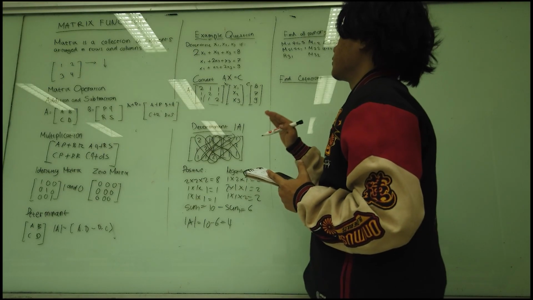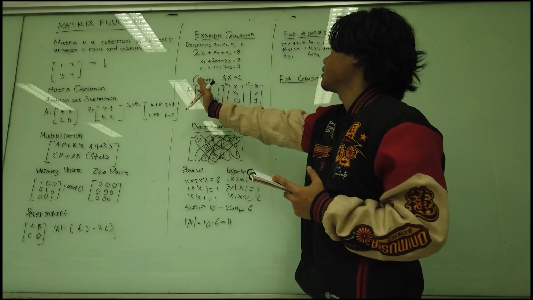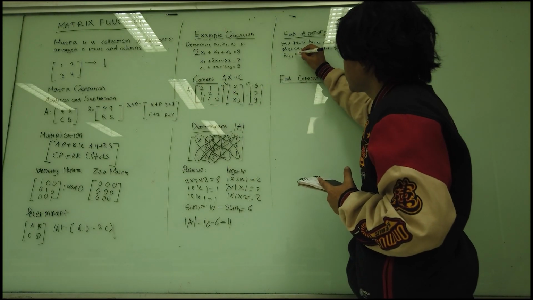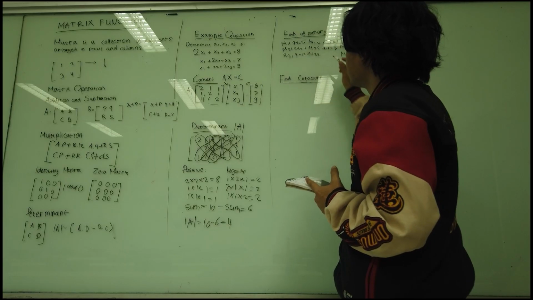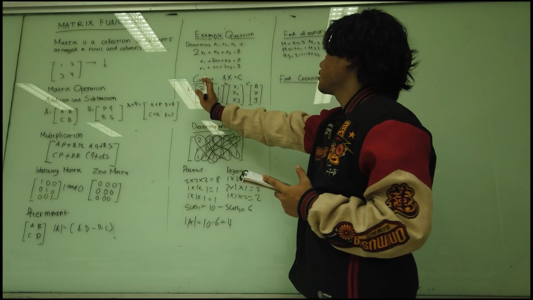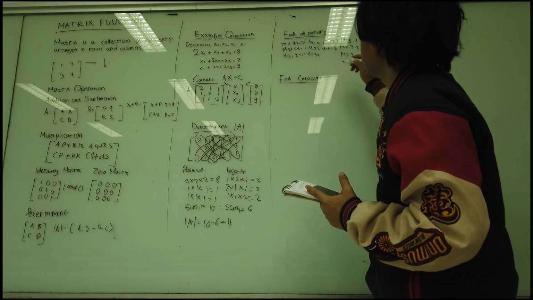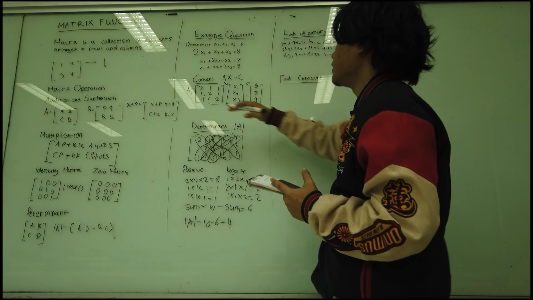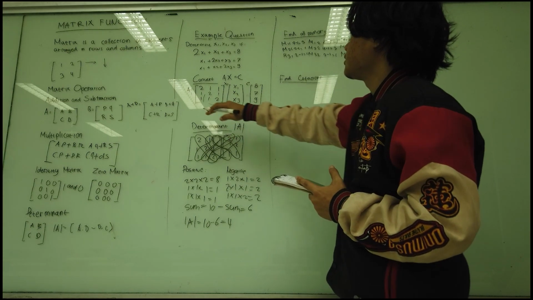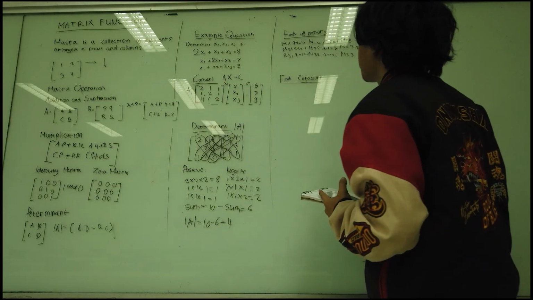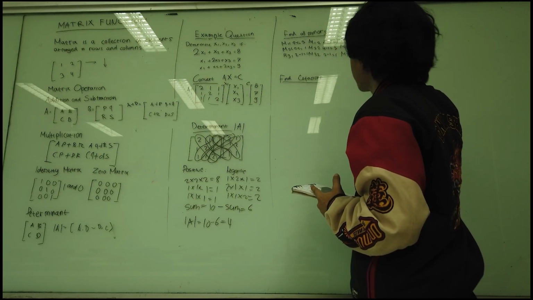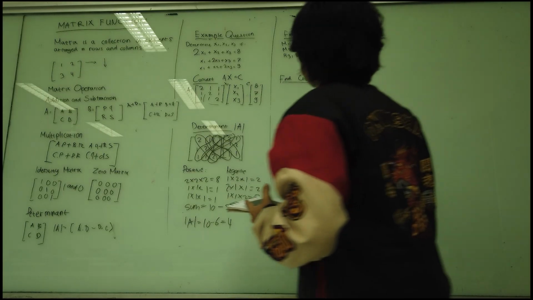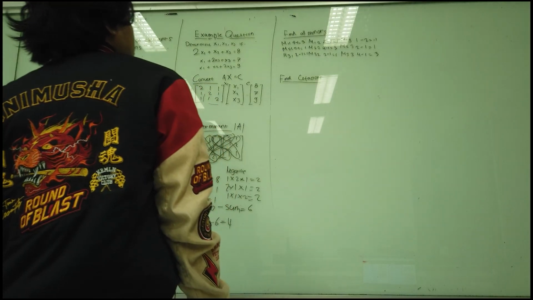And then M31, we got 1, 1, 1, 2. This means 2 minus 1 equals 1. M32, 2, 1, 1, 1. Again 2 minus 1 equals 1. And M33, it is 2, 1, 1, 2. So 4 minus 1 equals 3.